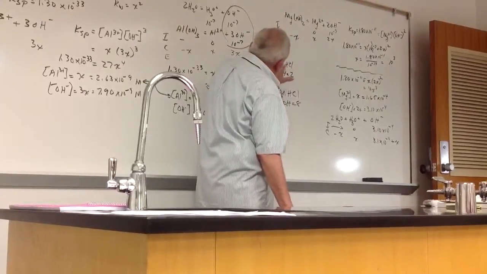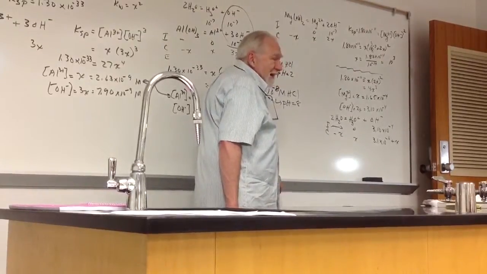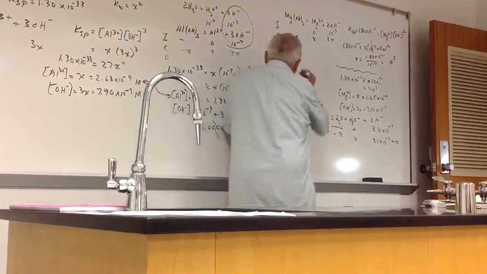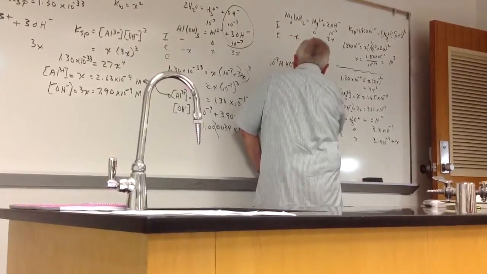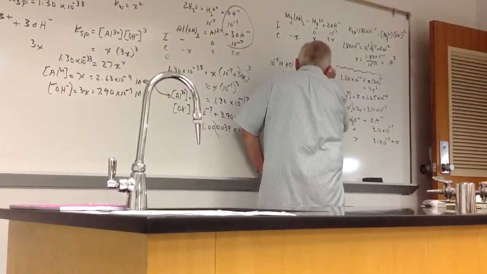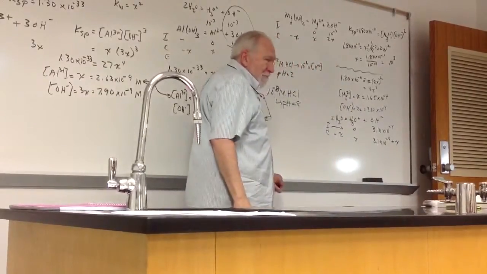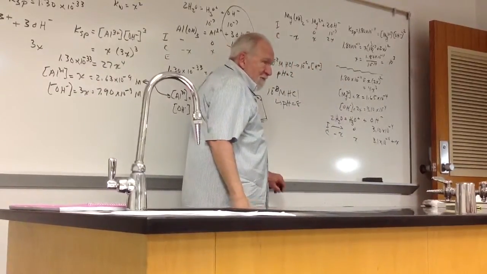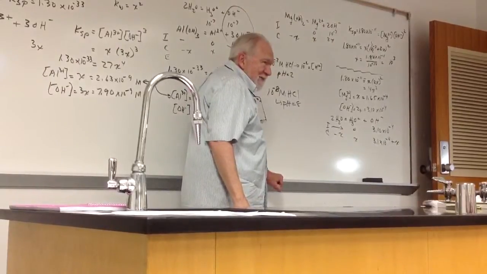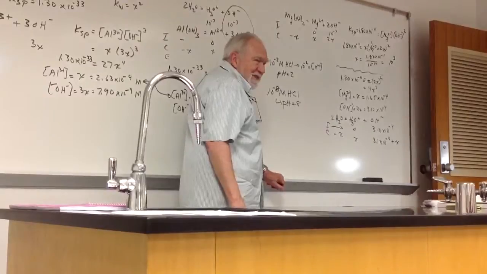And it was 10 to the minus 2 molar HCl, and I calculated the pH. I used the concentration because this dissociated completely, so that was the concentration of H plus, and I didn't worry about the water. I just said pH is 2, because it's the negative log of the hydrogen ion concentration.